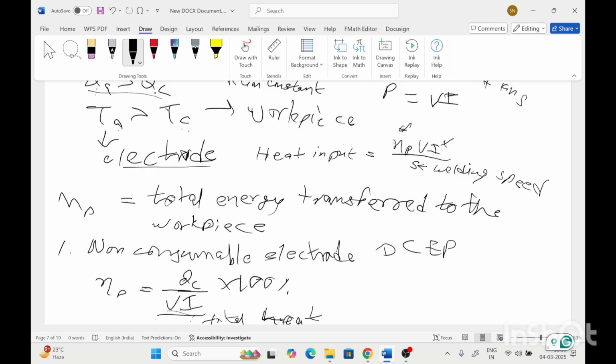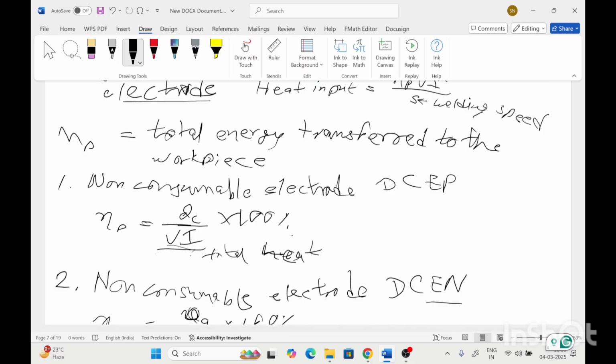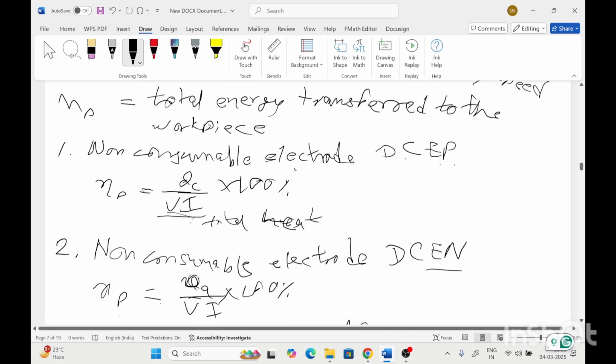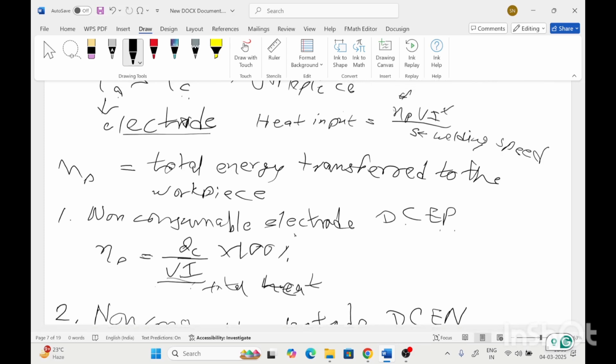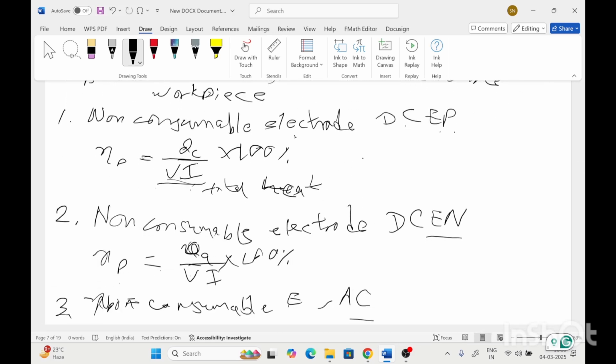So ηp is written as the total energy transferred to the workpiece. If we talk about the different processes, for the non-consumable electrode, where the current supplied is DC and the electrode is positive, the heat efficiency ηp can be written as Qc divided by VI into 100%.